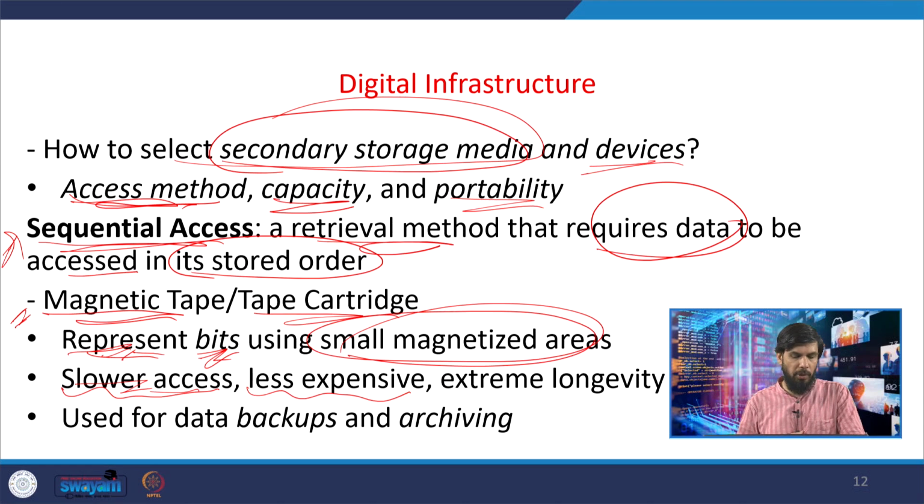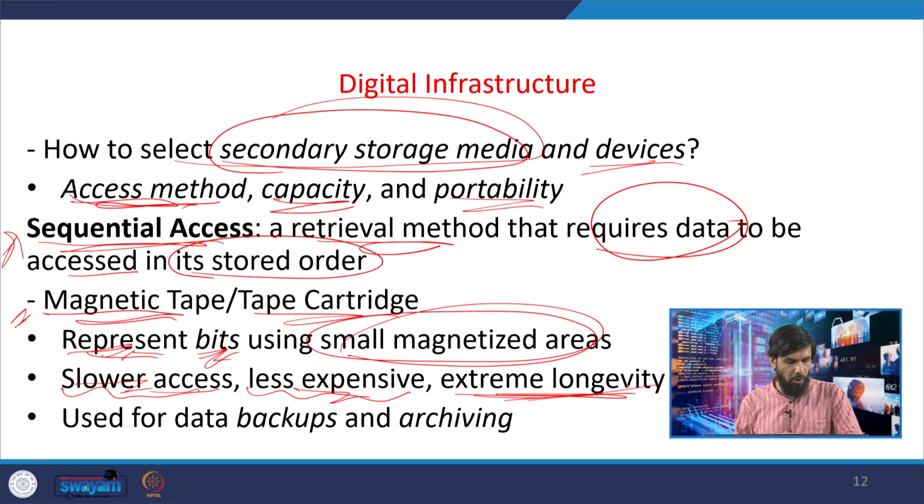Therefore this particular hardware is also less expensive, but it has extreme longevity. That means whatever data you are storing can be there for years, so you have less risk of losing your data if you are using magnetic tape or tape cartridge. That is a very important consideration for many firms and organizations.